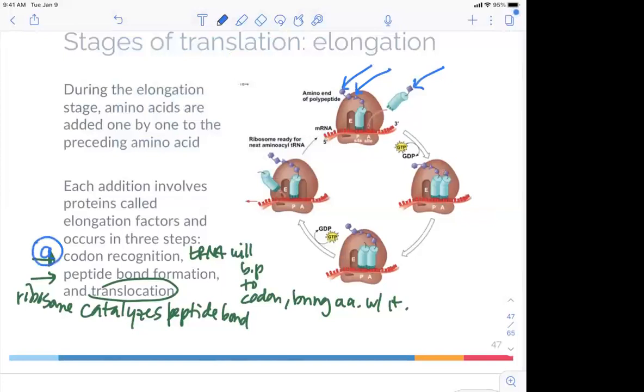I'm going to call it A, where this tRNA is going to recognize this codon. Your ribosome is going to catalyze the formation of a peptide bond between the neighboring amino acids, remember, between neighbors only. That is going to require energy.